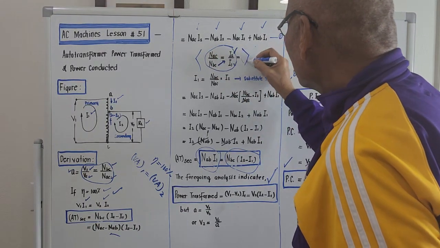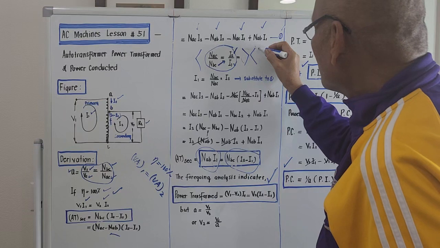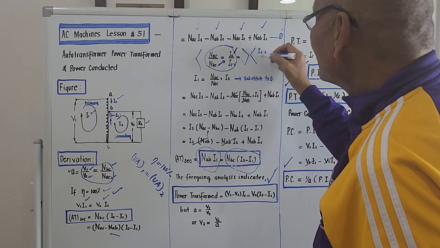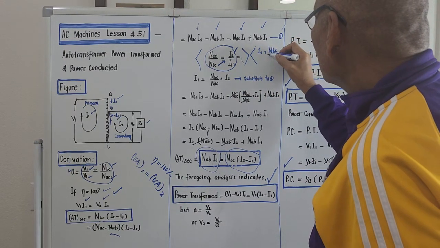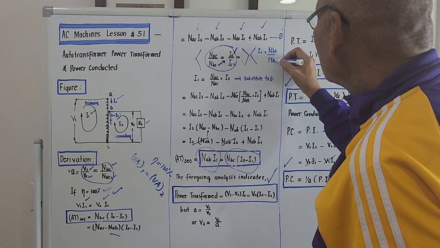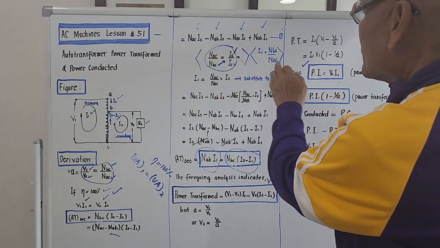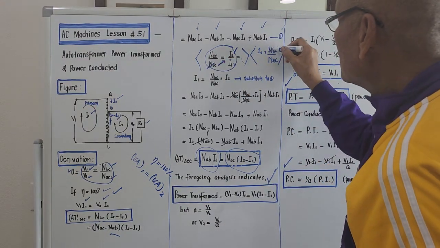This is just algebra. We'll try to compute for I sub 1, right? So we will multiply this one by I sub 1 times the reciprocal of this, NBC over NAC. Right? So on the left hand side, multiplied by this, NBC will cancel out.